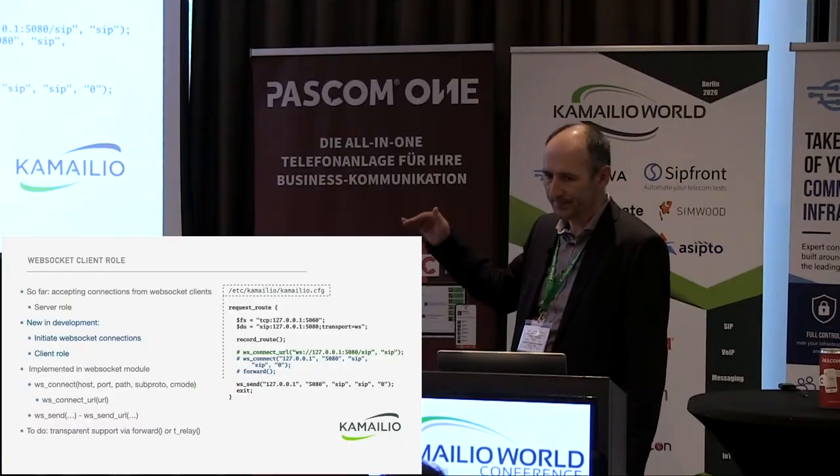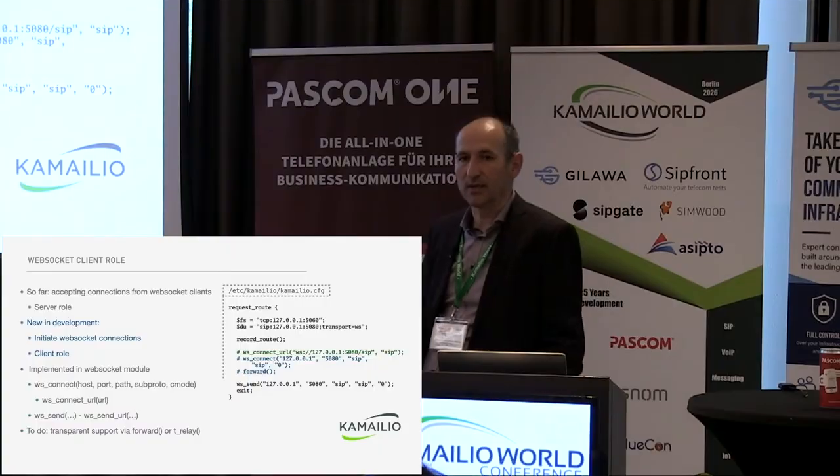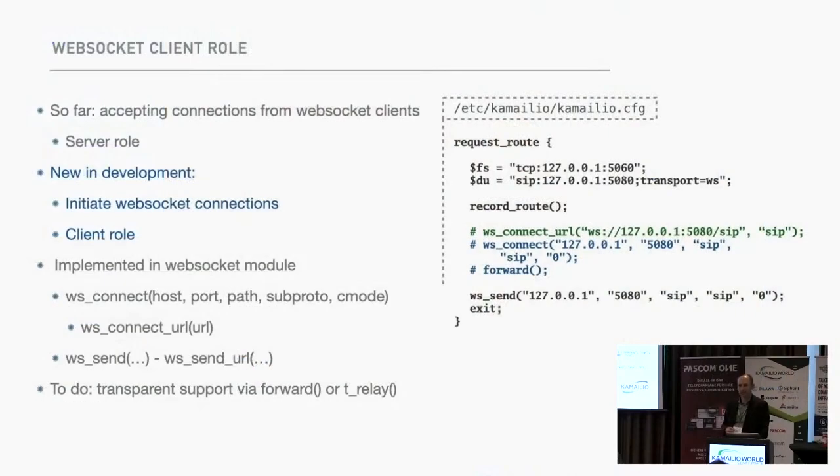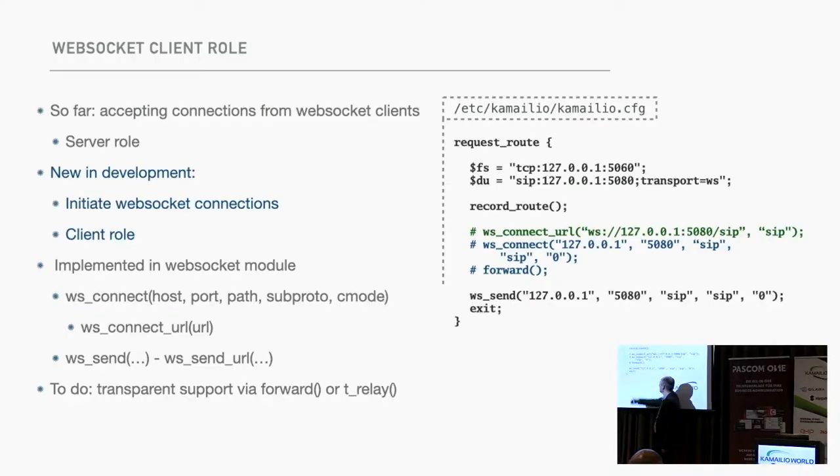WS Connect, which returns if it's a fast connect, and then you can use t_relay or you can use forward stateless. And then we have WSend, which does the connect, and at this moment does stateless forwarding. So WSend is more like WS Connect plus forward. So these 2 practically will be the equivalent of this one.